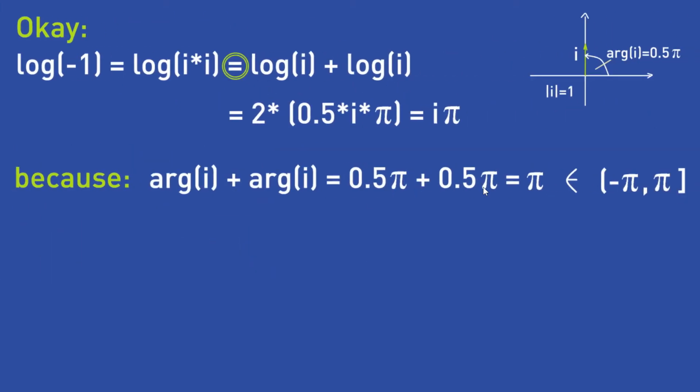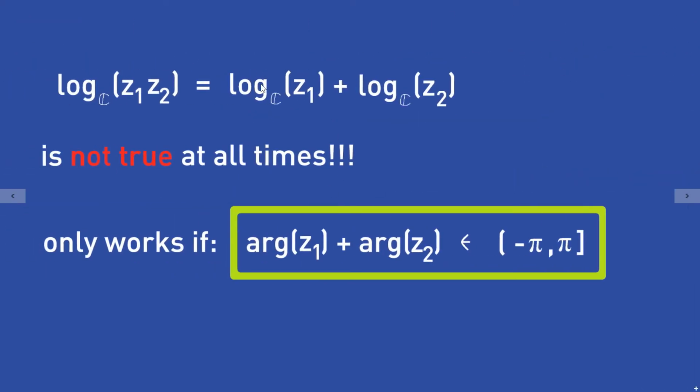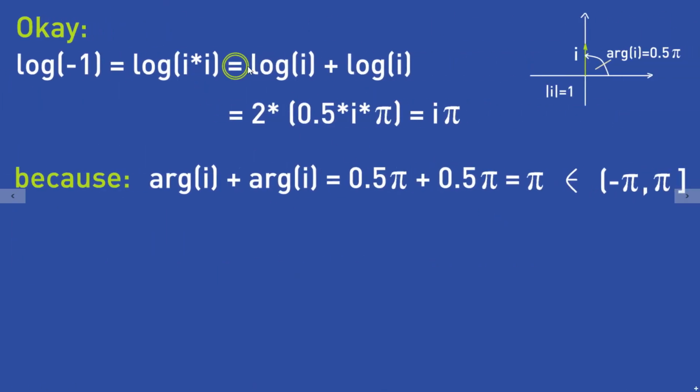Okay, once again, this calculation here is okay. So you could write the complex logarithm of minus 1 as the complex logarithm of I times I, because I times I is I squared, and this is equal to minus 1. And then you can use this rule here and write it as the logarithm of I plus the logarithm of I, which is 2 times the logarithm of I. And to calculate the logarithm of I, you can take a look here.